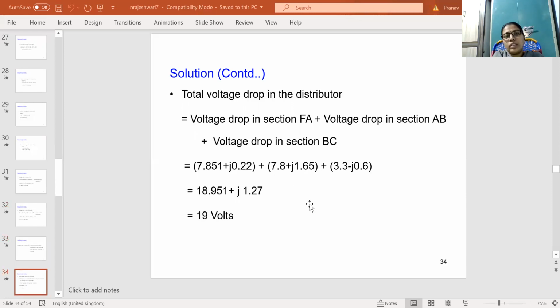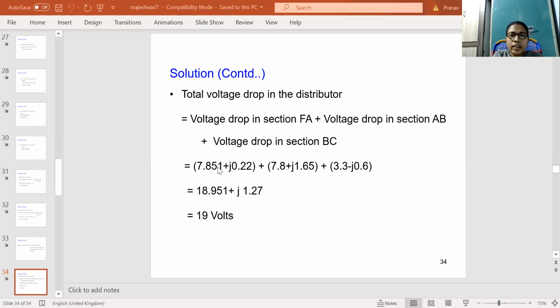The total voltage drop in the distributor is equal to the voltage drop in the section FA plus the voltage drop in the section AB plus the voltage drop in the section BC. So 7.851 plus j0.22, plus 7.8 plus j1.65, plus 3.3 minus j0.6.